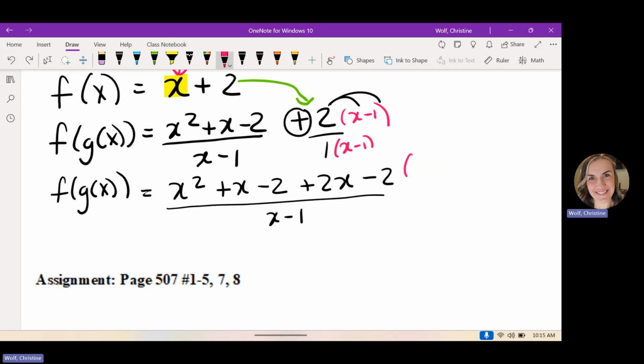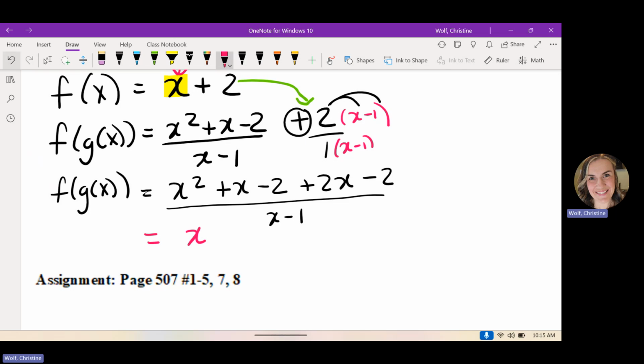Any other ideas how I could potentially simplify this, clean it up? Raphael? I'm sorry? Okay, so I think what you're trying to say is I should clean up my top, make it a trinomial, factor the trinomial, and pray that I can slash. Yes, you're absolutely right.